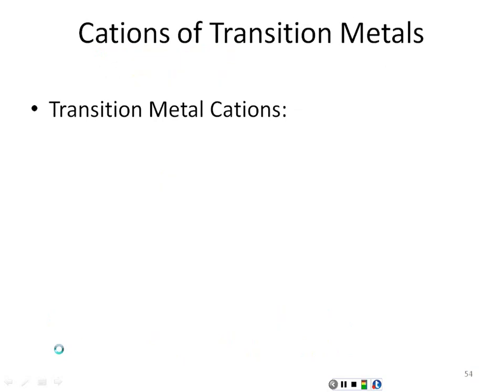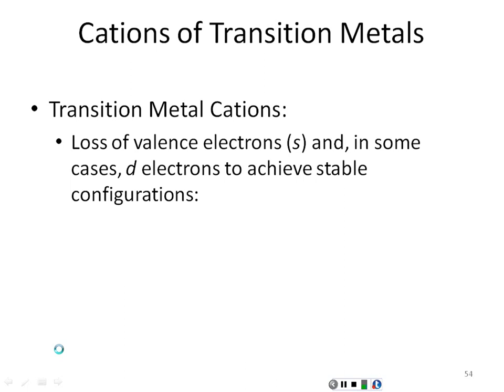So if we look at transition metals now, transition metals tend to lose electrons to form cations, a loss of the valence electrons, in some cases d electrons as well, to achieve stable configurations.